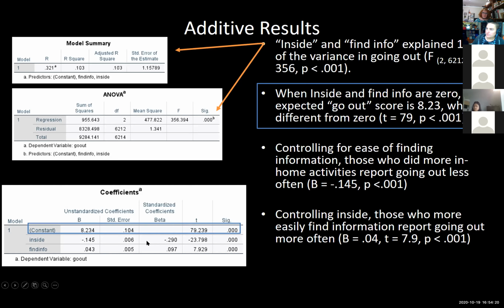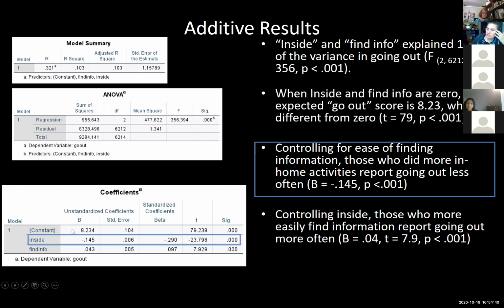Now from here, let's move down into these text boxes. So I have for the constant, my y-intercept, this is telling me that when inside and find info are 0, my expected go out score is 8.23. And here, controlling for ease of finding information, those who did more in-home activities report going out less often. That makes sense to me.